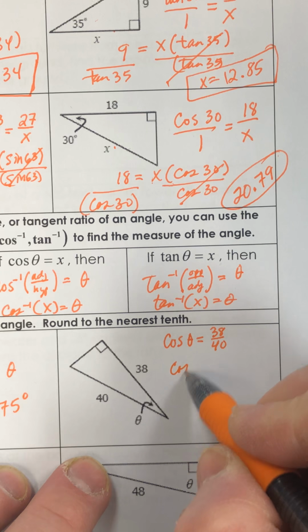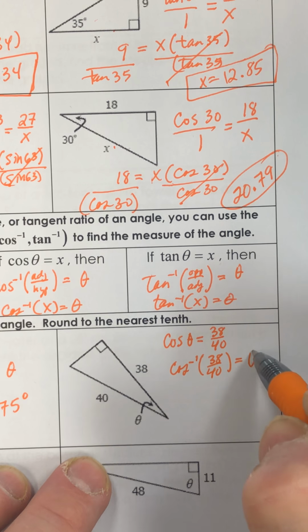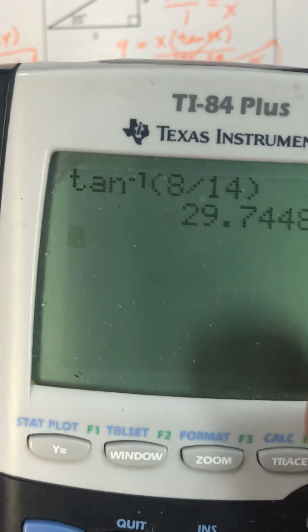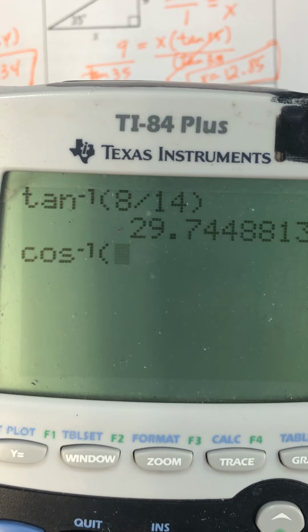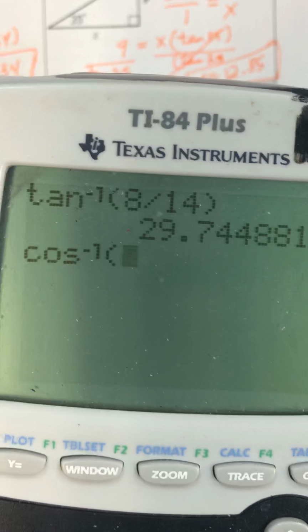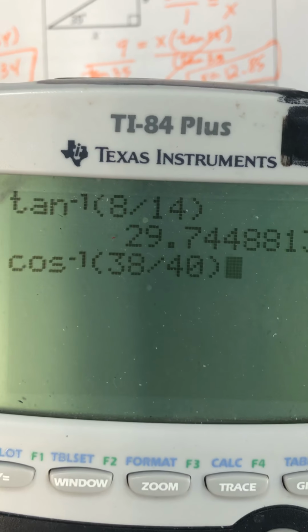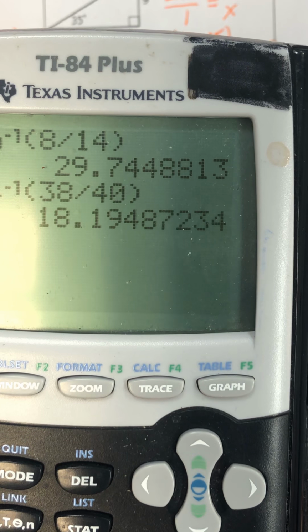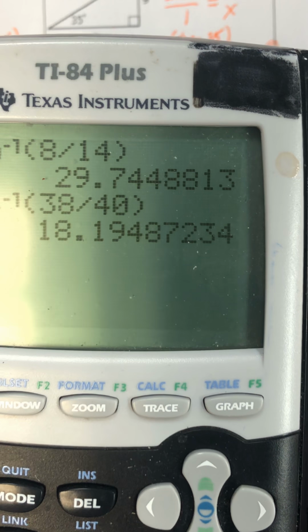Now I write the inverse of the fraction is going to equal the angle. Then I go to my calculator. Second cosine, cosine to the negative 1. Fraction is 38 over 40. Enter. Angle is 18.2. So that rounds. Okay, so 18.2 degrees.